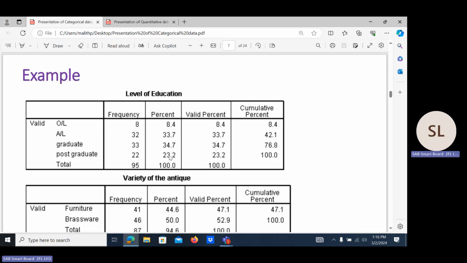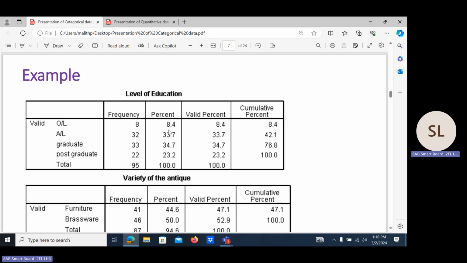We can convert those frequency values into percentage values. We take the total, here 95. The first category's frequency value is 8. How to convert it into the percentage value? 8 divided by 95 times 100. It means 8.4% of respondents studied up to O level.